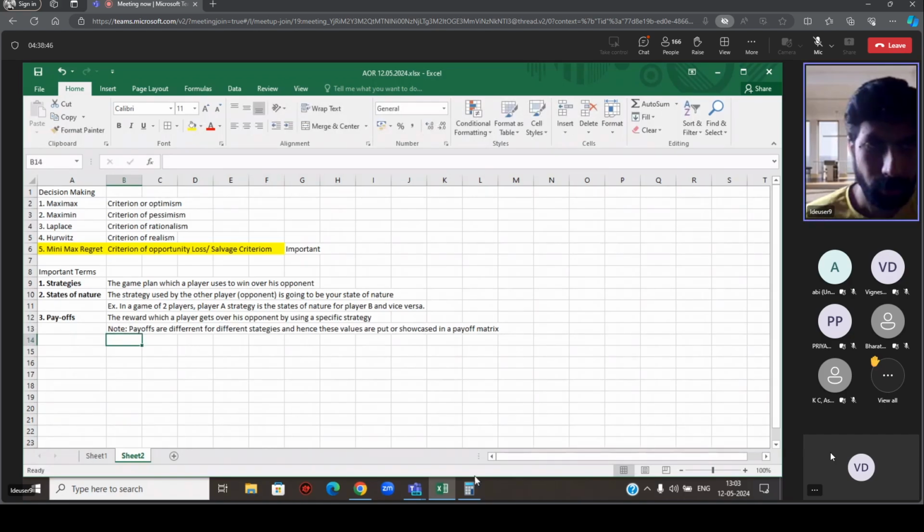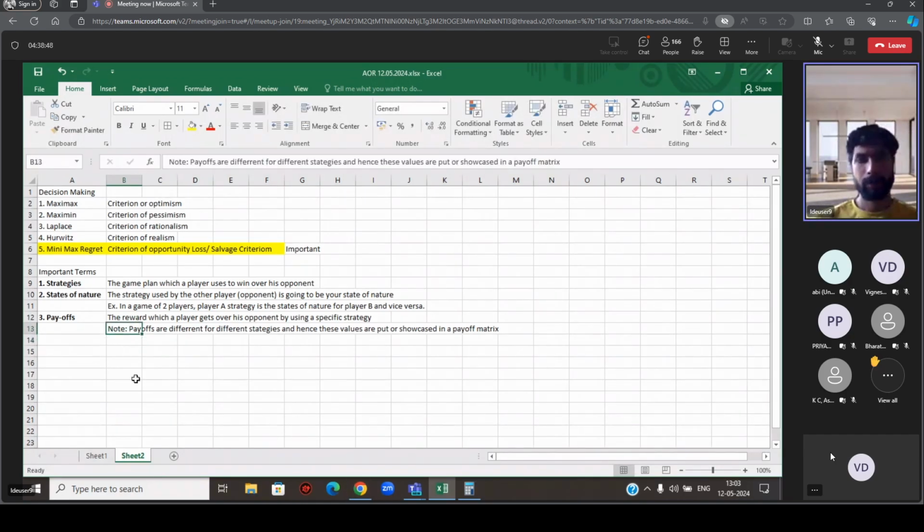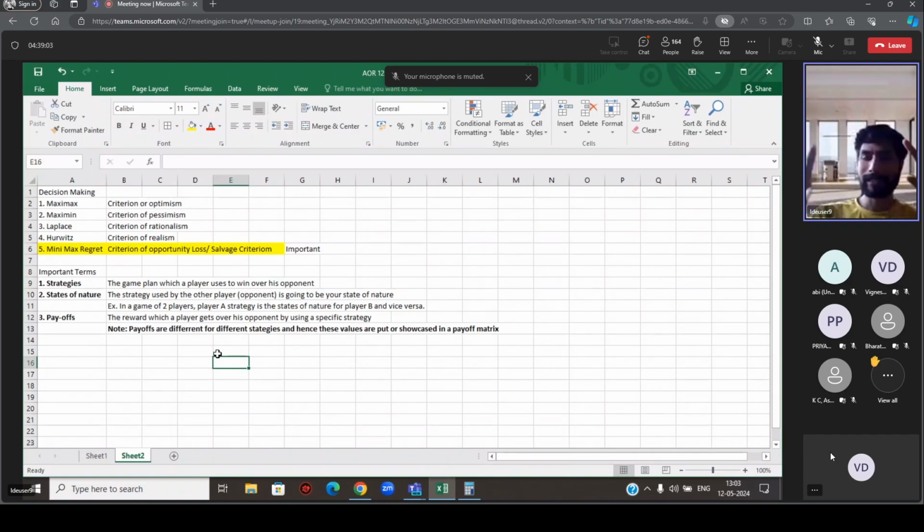This note is very important. So you have a payoff matrix, and in that payoff matrix, there are different strategies for different players. This is put as a matrix, and that matrix is called the payoff matrix. Are you getting my point?